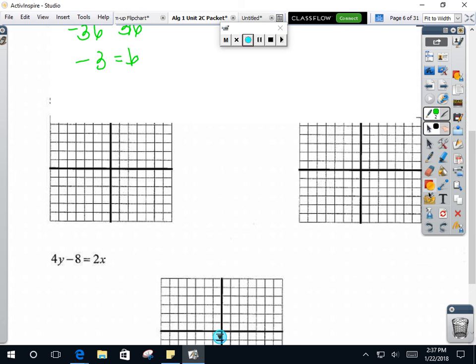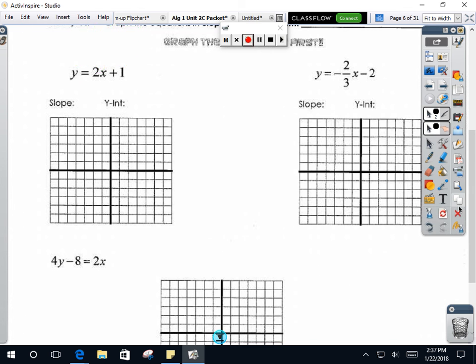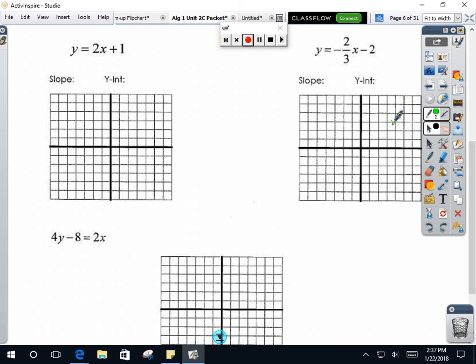Okay. Now we are about to graph a line given the equation of the line. We've already done this this year, so this should not be hard at all. y equals 2x plus 1. What is the slope of that line? 2 over 1. Okay, if you put 2, that's okay, but since you're graphing it, you want to make it a fraction so that you have a rise and a run.